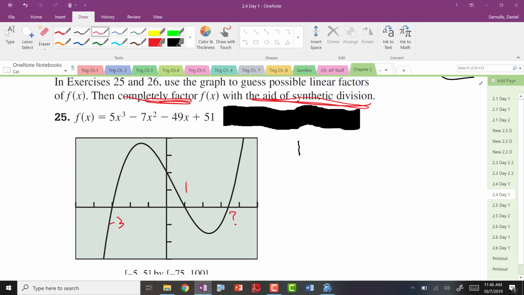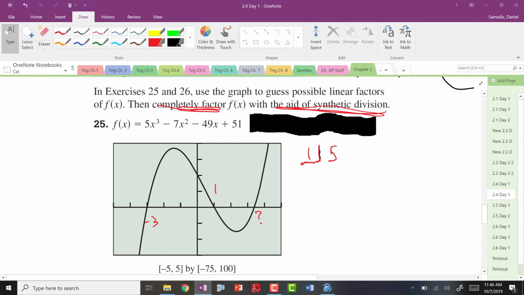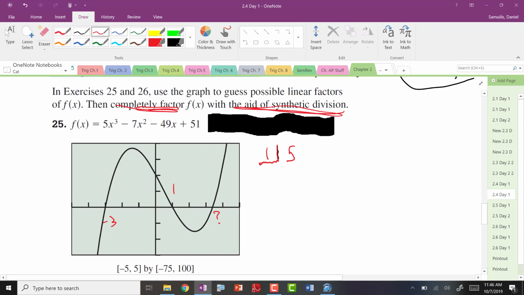I'm going to go back to red. Old school, well, not old school, what we talked about Friday. And I'm going to pick one of the two that it looks like those are the zeros and prove it. So I'll pick the 1. X-intercepts are zeros, so they should be 0 when I plug them in. Or when I use what's called synthetic substitution, which was another part of what you should have done for your homework.